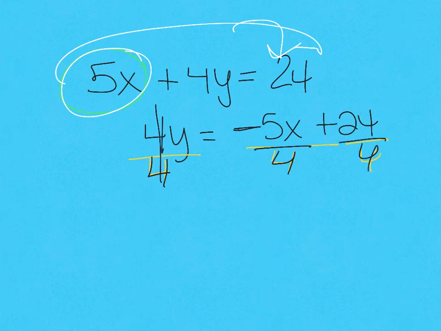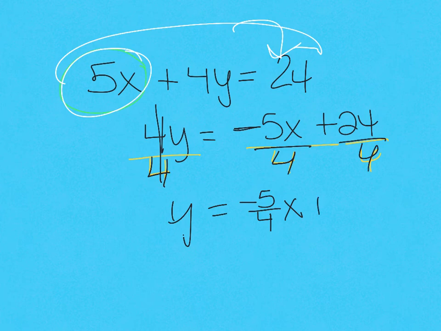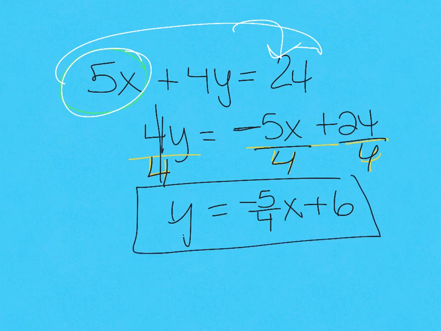So y equals negative 5 divided by 4. Well, that won't divide evenly or without a remainder, so I'm going to put negative 5 over 4, and I'll put my x on the outside of it. And then 24 divided by 4 is positive 6. So now you've got a slope-intercept form problem. Slope is negative 5/4, y-intercept is 6, so you could graph that then.